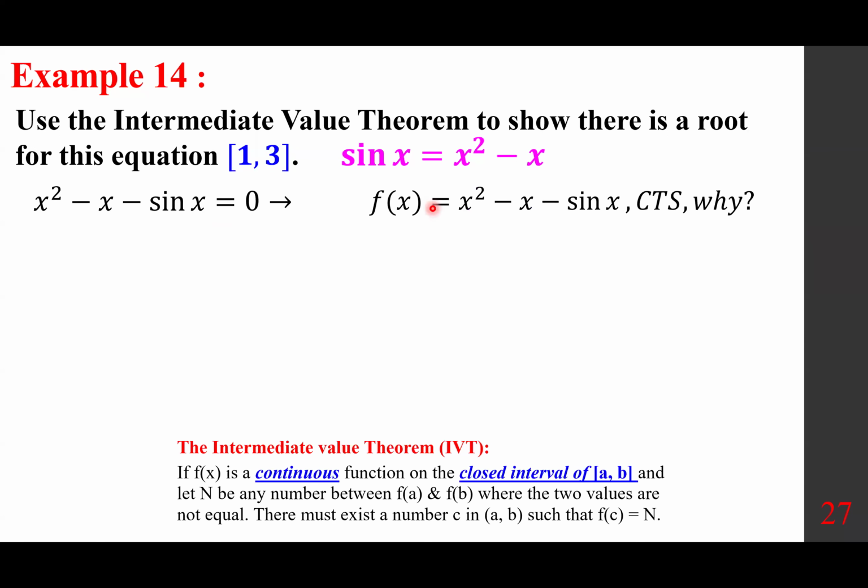Call it the function f of x. So f of x equals x squared minus x minus sine x, which is a continuous function because it's a combination of a polynomial and a sinusoidal function. This is a polynomial of degree 2, or squaring function, or parabola, and this is a sinusoidal function. Each one has a domain which is all real numbers.